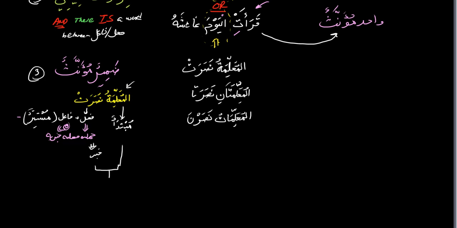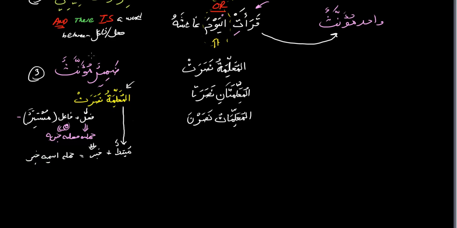Let me write it this way. It's kind of important. It's worth a little bit of effort here. This is mubtada, right? That's mubtada, and mubtada plus jumla fi'liya, this will be jumla ismiya khabariya.